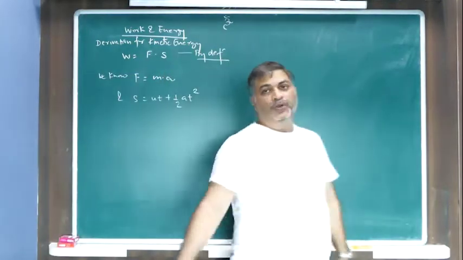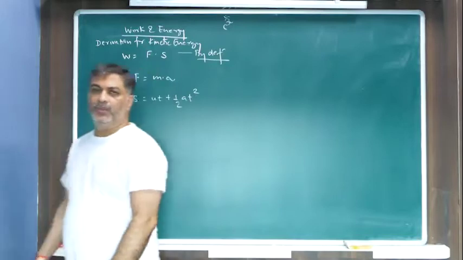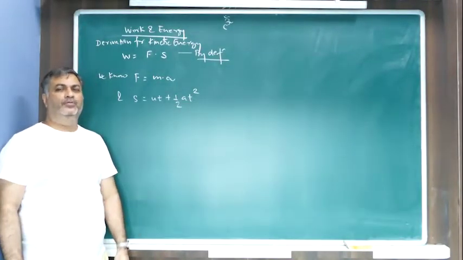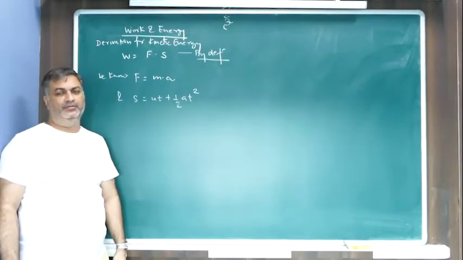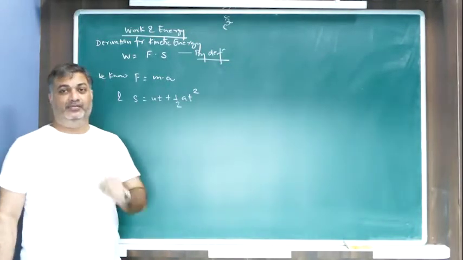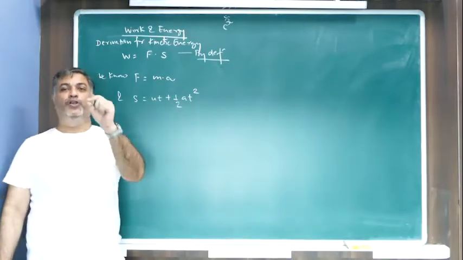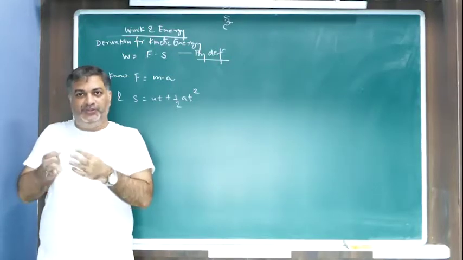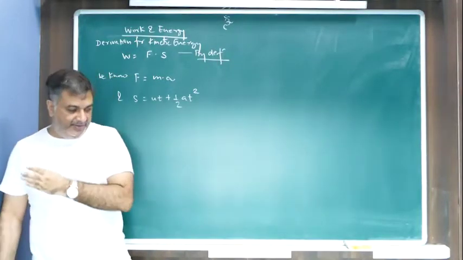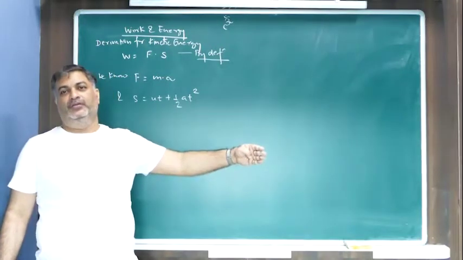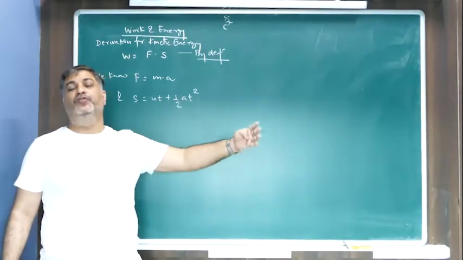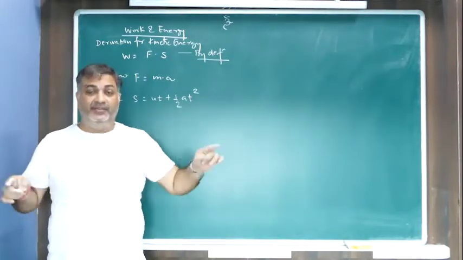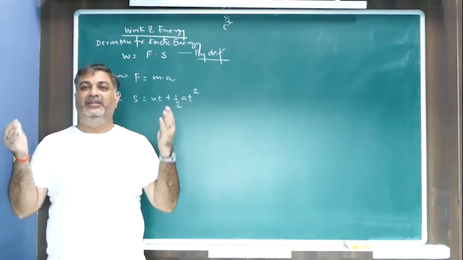Now, when you began the problem, what was the background? How did the body start? The body started from rest. So here you have a body of mass m which starts from rest, meaning u is equal to 0, and then increases its velocity uniformly and attains an acceleration of a. What was the time taken? t.